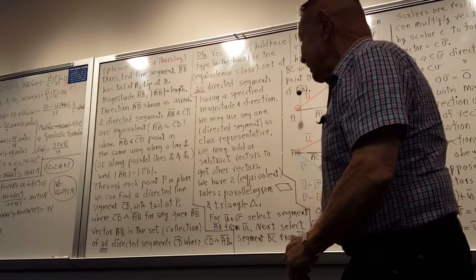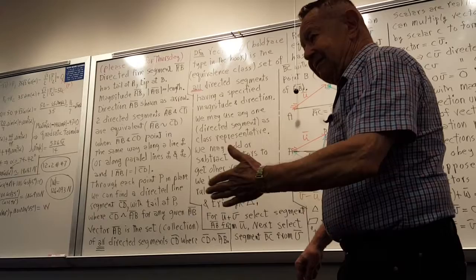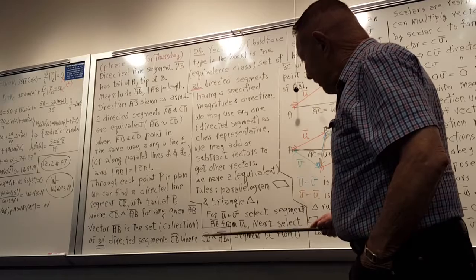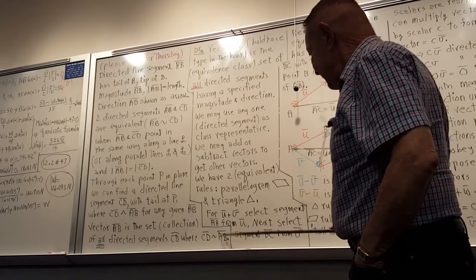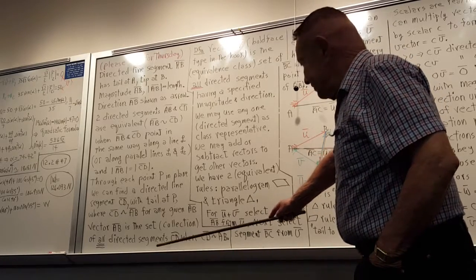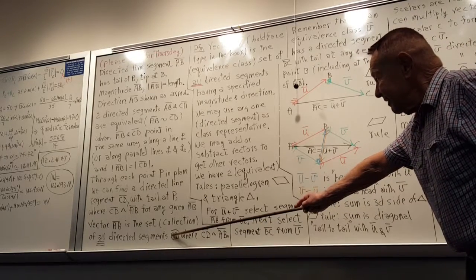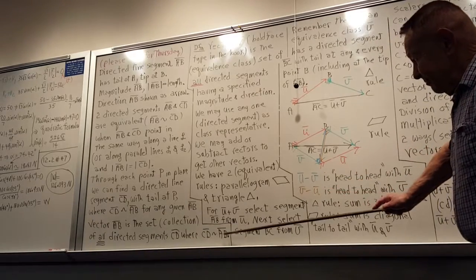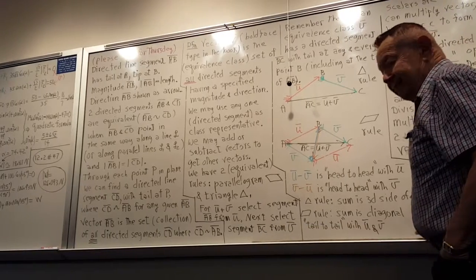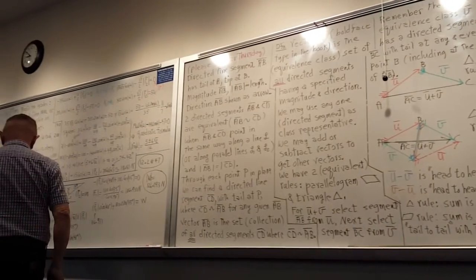It's the set of all directed segments that could be called CD, where C and D are any two points that are equivalent to AB. And again, equivalent means that wherever you are at point C, you place the tail of that arrow there, and it will be the same length as AB and point the same way. So you don't have just the one single arrow.